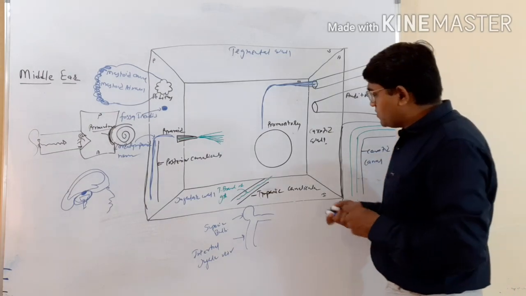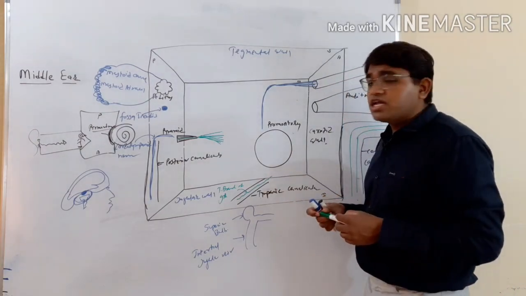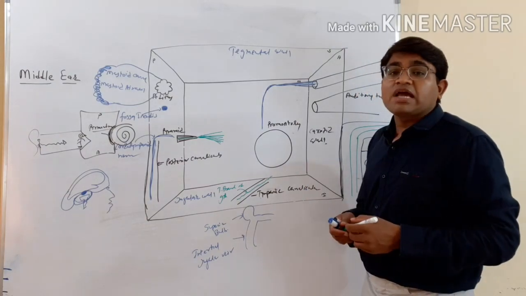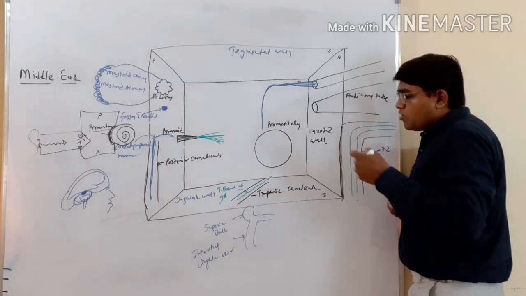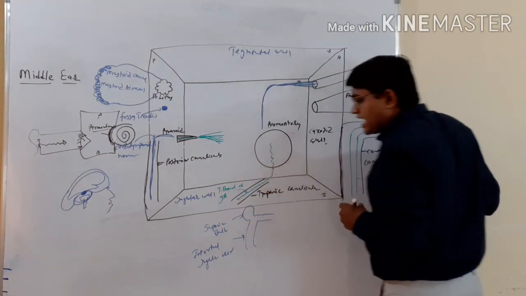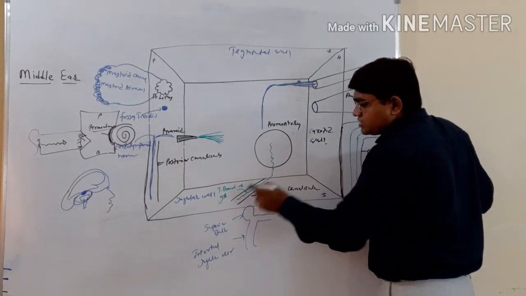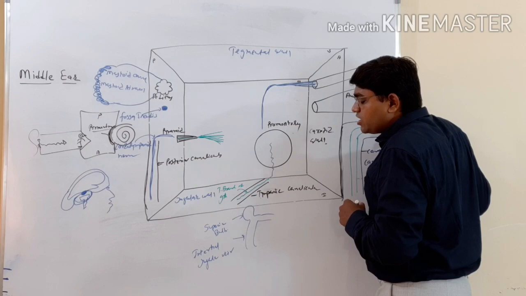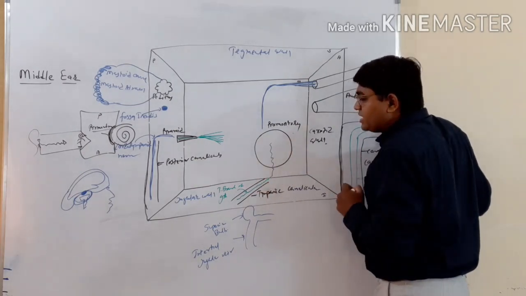The promontory provides space for formation of the tympanic plexus of nerves. The tympanic plexus is formed by the tympanic branch of the ninth cranial nerve. Here we have seen that in the tympanic canaliculus there is a tympanic branch of the ninth cranial nerve, and it opens onto this middle ear cavity.